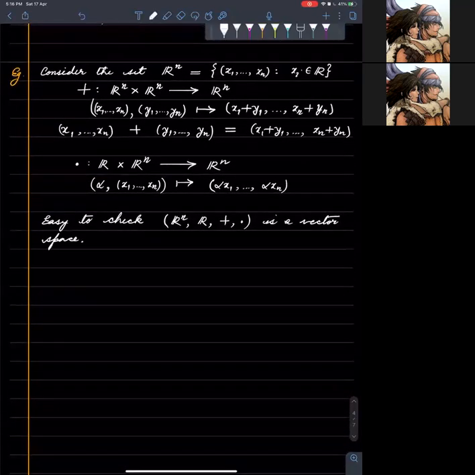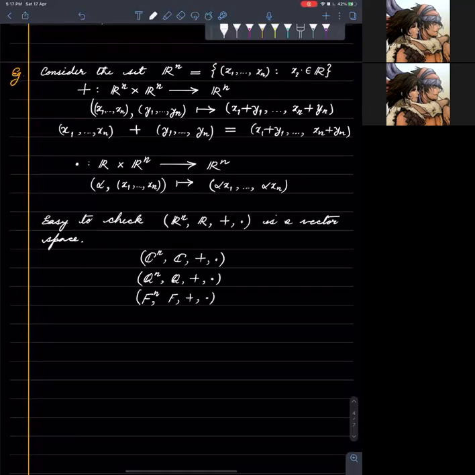In fact, in exactly the same way, you can form this vector space, and you can form this vector space. And in fact, if F were some arbitrary field, you can form this vector space. We just write Rn for this as a shorthand.